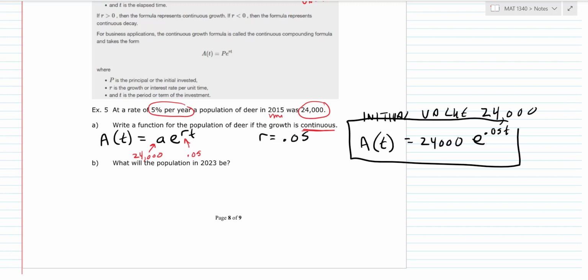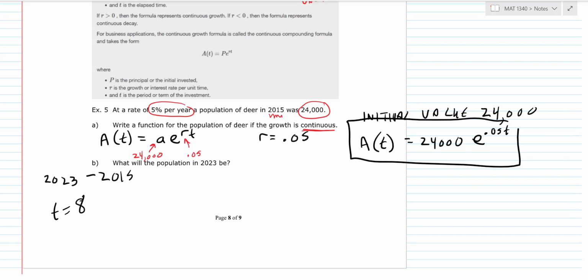Okay, so what we're going to do is figure out what the population is going to be in the year 2023. So basically 2023 minus 2015, the initial year, what is that? That's 8 years away. Okay, so that's 8 years apart. So t is going to be 8. Okay, so what we use is populations of animals and bacteria.